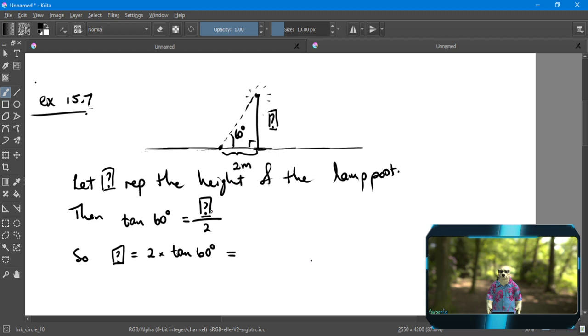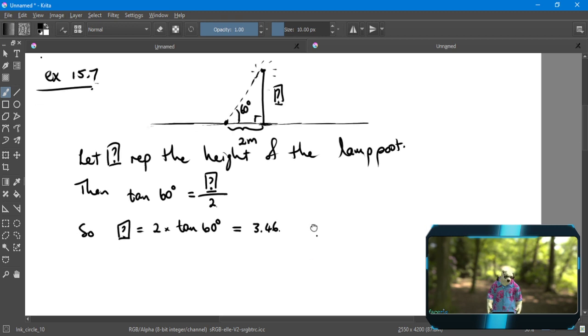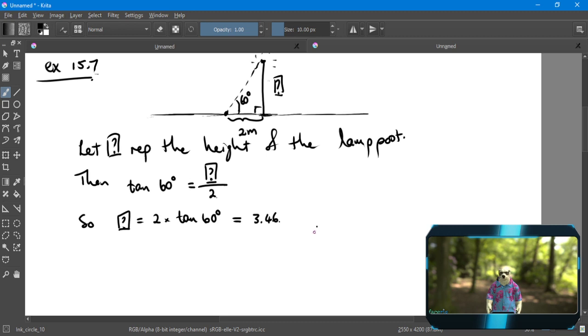We get 3.46-ish, if I round to two decimal places. So do make sure that you are good friends with your calculator because we're going to need it for these kinds of questions.